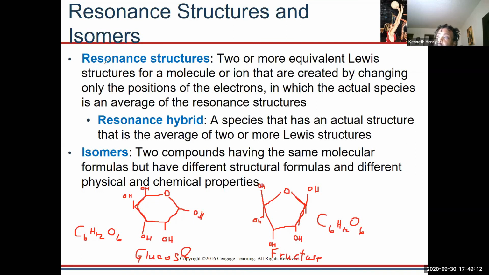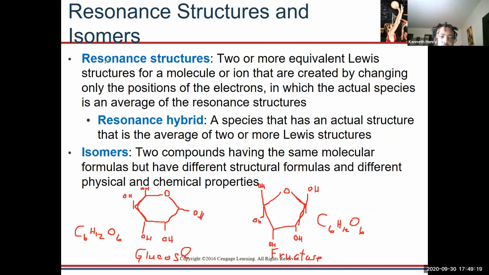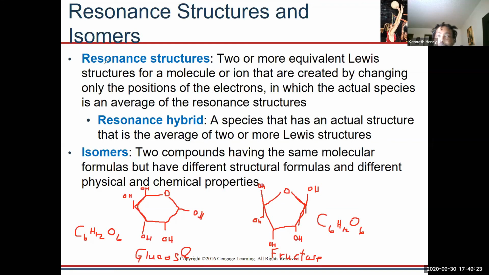Okay, so a resonance structure, because electrons are constantly moving, we have the possibility of having Lewis dot structures that will be equivalent to each other, right? And then the only thing that's changing is the position of electrons. So let me give you an example of a resonance.